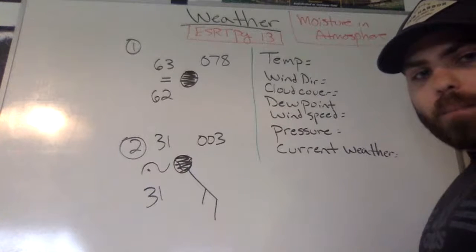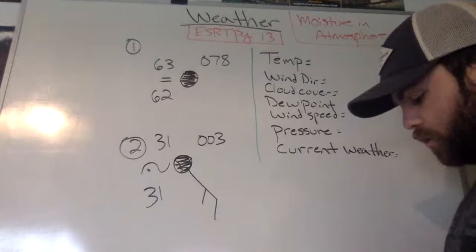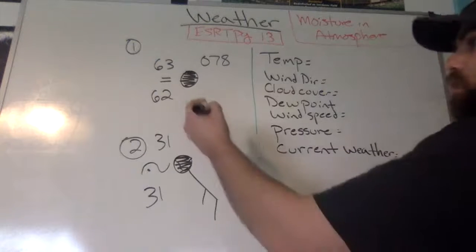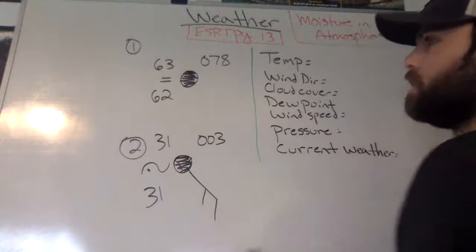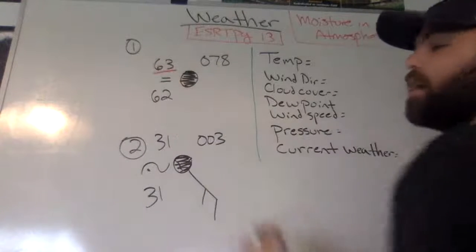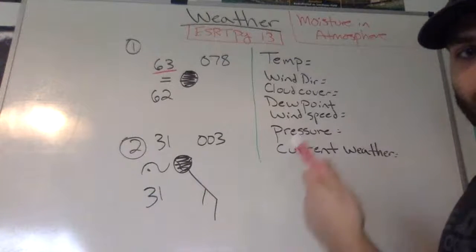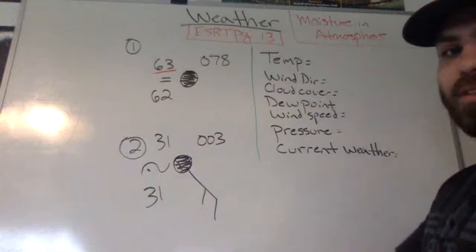If you look in your Earth Science Reference Table, at the bottom of page 13, you will notice that temperature is always the top left number. In this case, for this station model, it is 63.